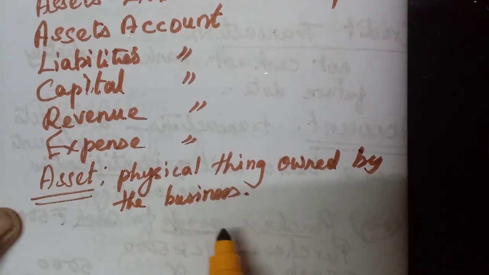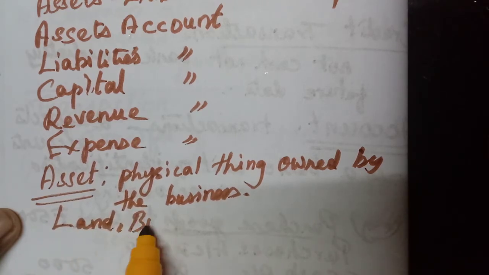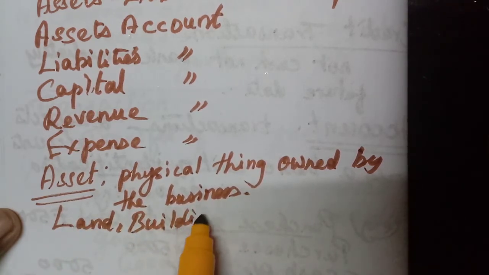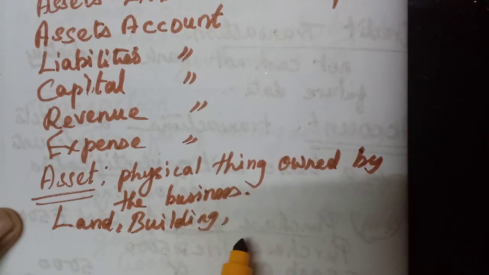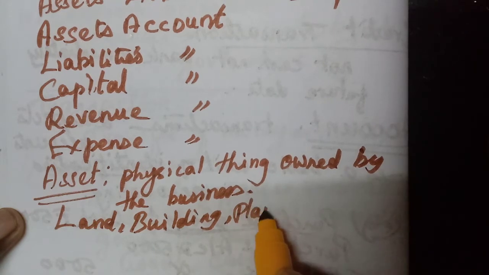We know the examples, isn't it? Land, buildings, plant, machinery. Plant here means the building where we keep the machinery and the working place, the factory. We can say the building is called plant.